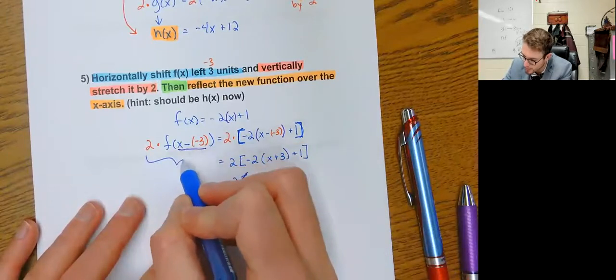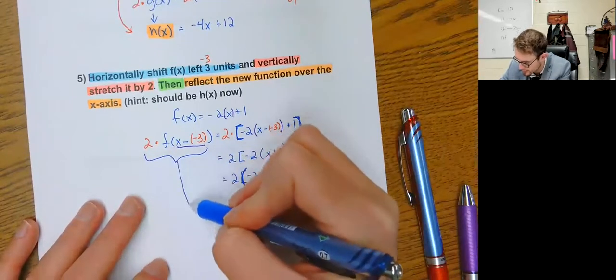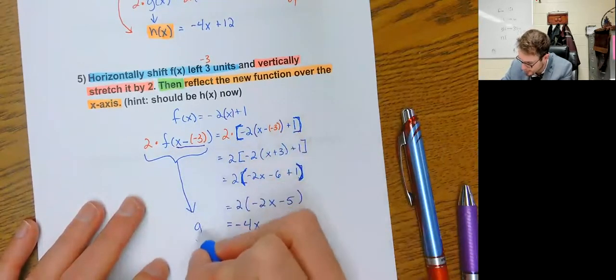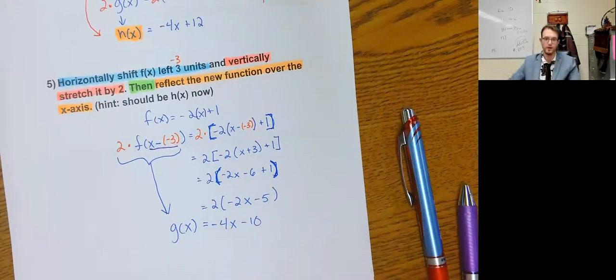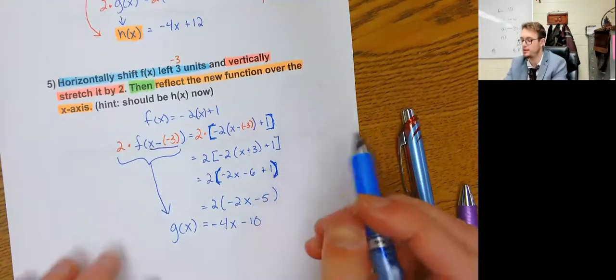So we've taken this whole transformation and gotten g of x. All right. Now though, I want to transform g of x by reflecting the function over the x-axis.